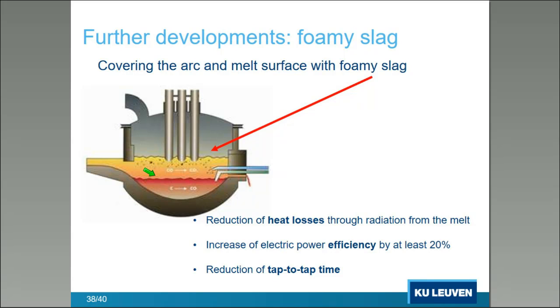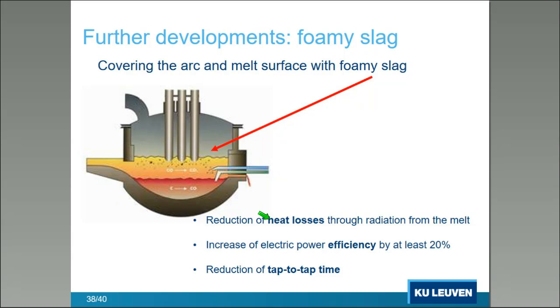And then thanks to the lancing of oxygen and of carbon, you arrive at an arc that is completely submerged in the slag, which gives a very good performance of the production. We call this foamy slag.